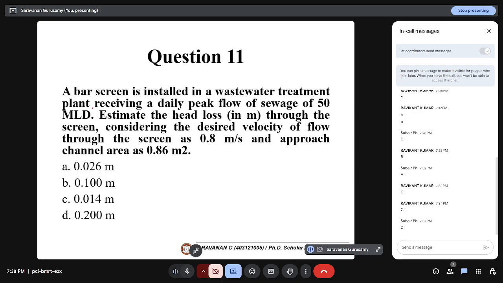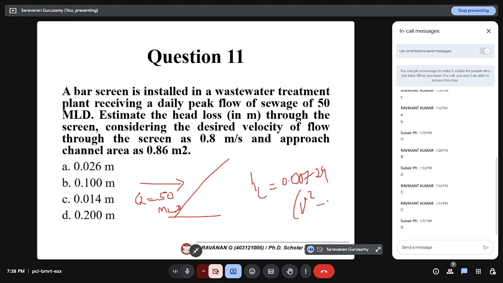The 11th question: a bar screen is installed at a 45 degree angle, receiving a daily peak flow of Q, 50 MLD. Estimate the head loss. HL is 0.0729 into capital V square minus small v square. Whatever the velocity is, you can just put it here; anyway, it will be squared.